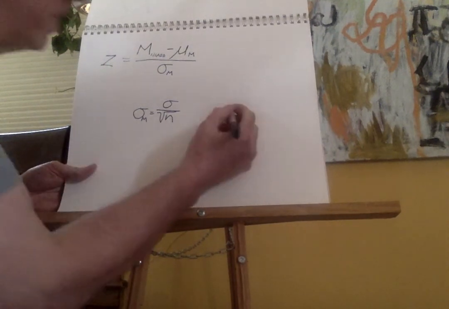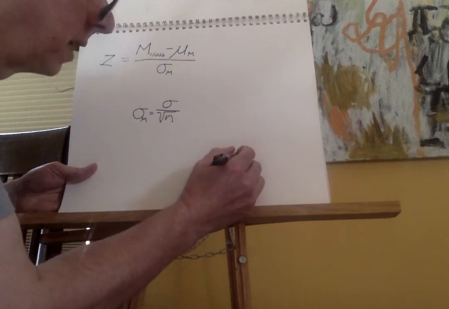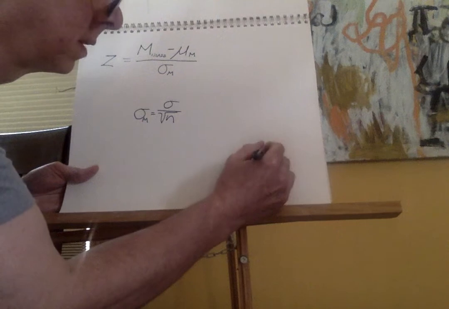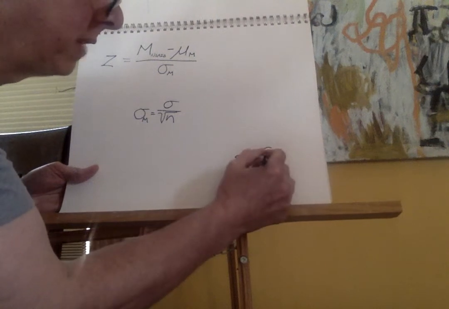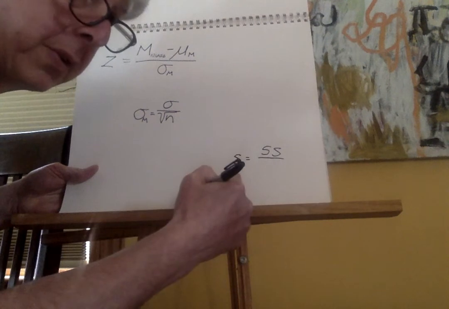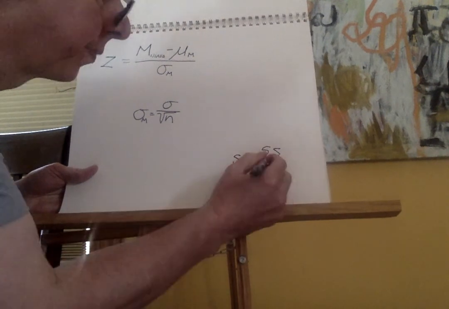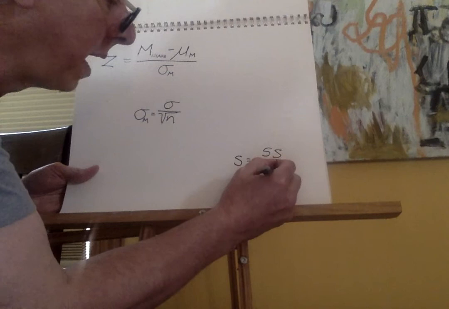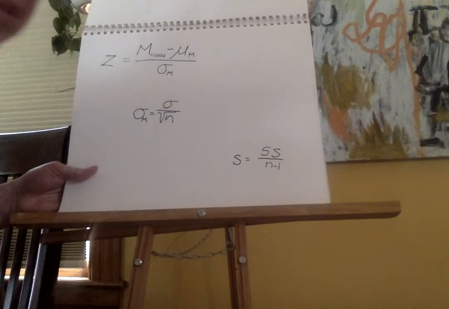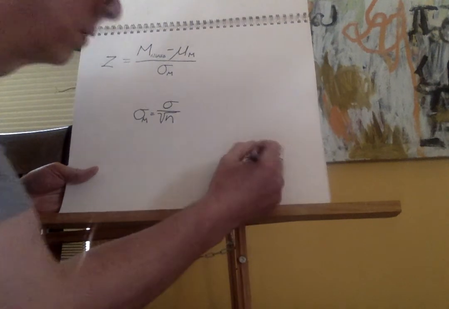So what we're going to do in this case is get our S. S becomes our guess. So standard deviation of our sample, in this case the NSAID sample, divided by n minus 1 in this case. That's also known as the degrees of freedom, okay?